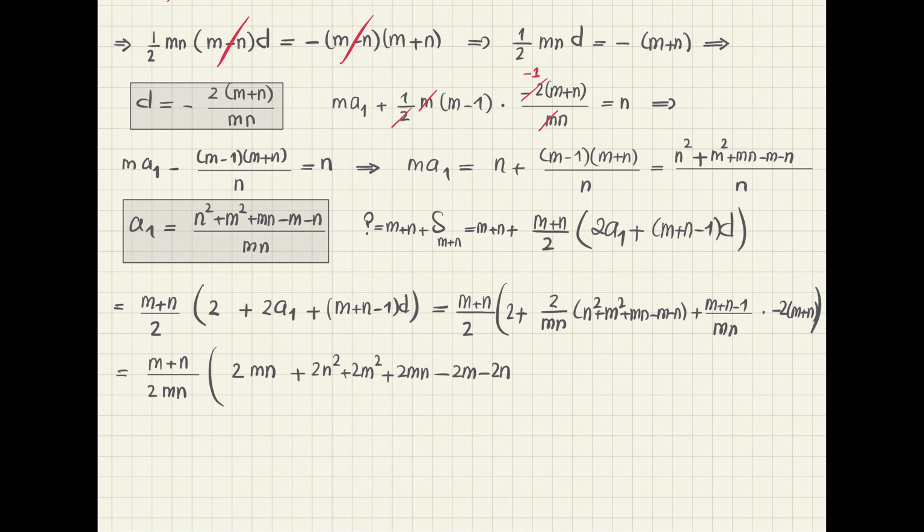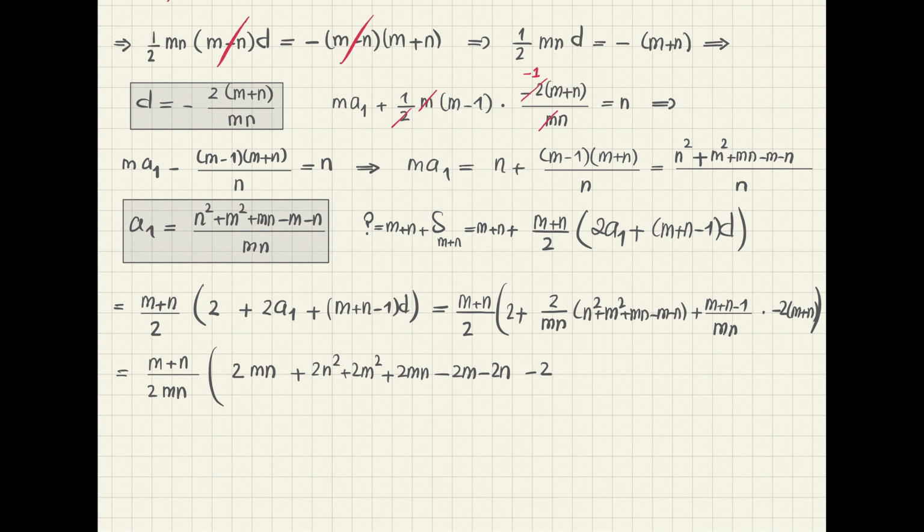And here what I have done, I have pulled mn out, so what is left for me is minus 2, and this one and that one. So let me just do it in 2 steps. I put minus 2 here, and I start multiplying this by that expression.